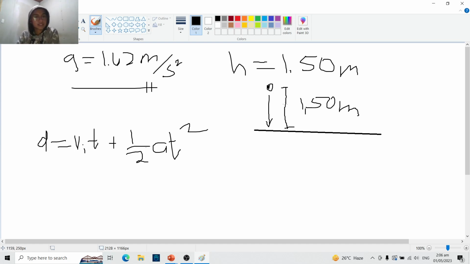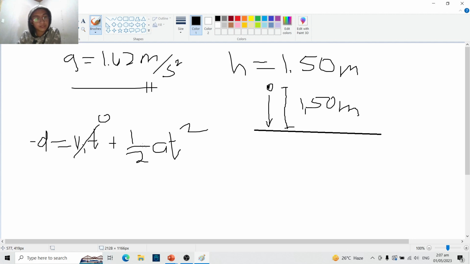Of course, since it is free fall, the initial velocity is zero, so we won't focus on that part of the problem.